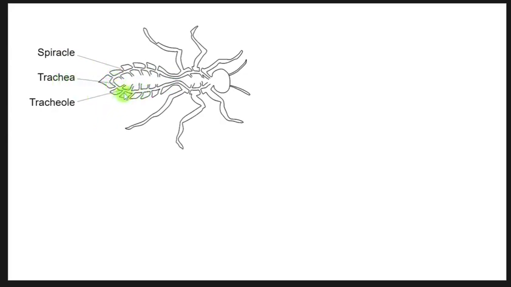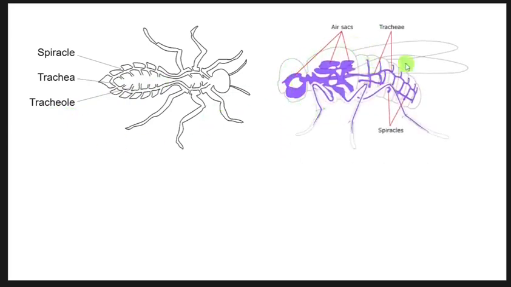Those going inside the body, those entering inside, are the ones we are calling the tracheal. Also, you can look at this insect here, which looks like a fly. Similarly, you can see that it contains some trachea, which are these tubes passing there, and the spiracles, the openings.